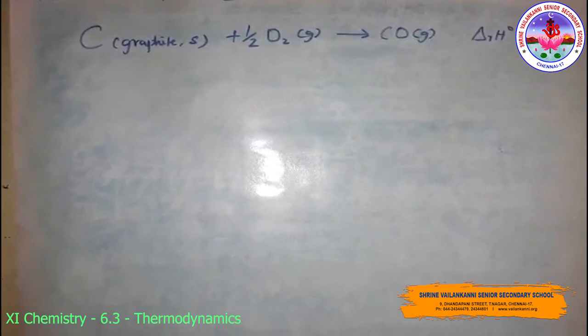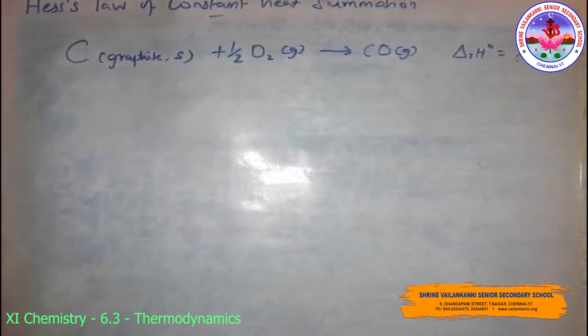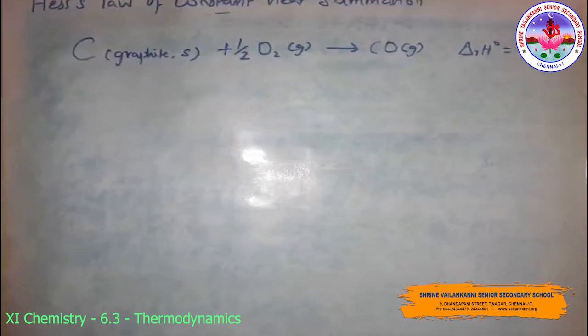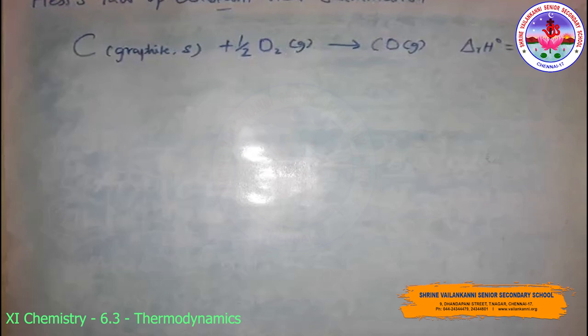By Hess's law, if a reaction takes place in several steps, then its standard reaction enthalpy is the sum of the standard enthalpies of the intermediate reactions into which the overall reaction may be divided, at the same temperature.